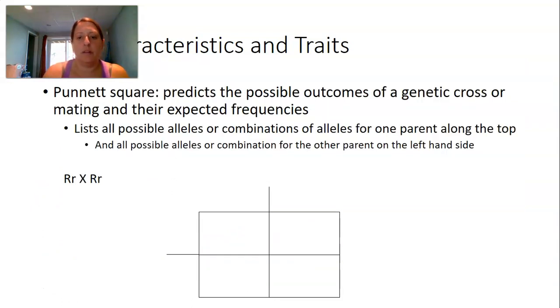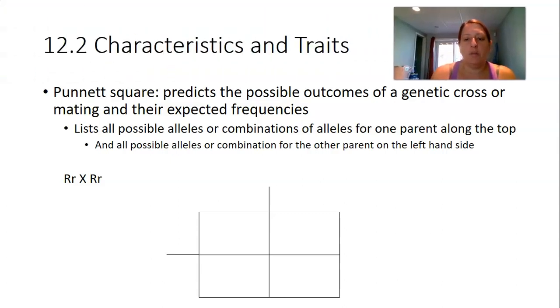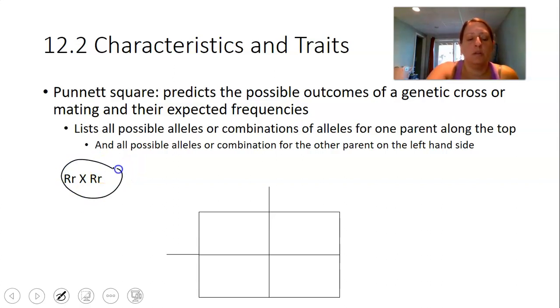Let's do a Punnett square together, make sure we understand this. So again, in lab, you're looking at corn kernel color, and if these are the parents here, 2 heterozygotes, we're asking you what the offspring are going to be. So let's set this up.